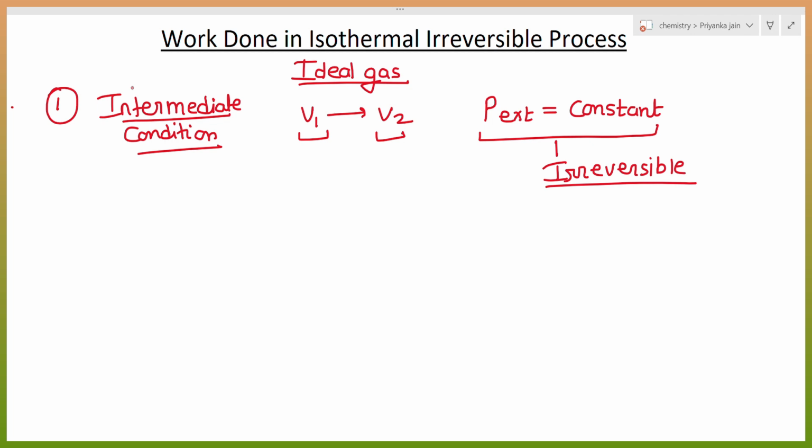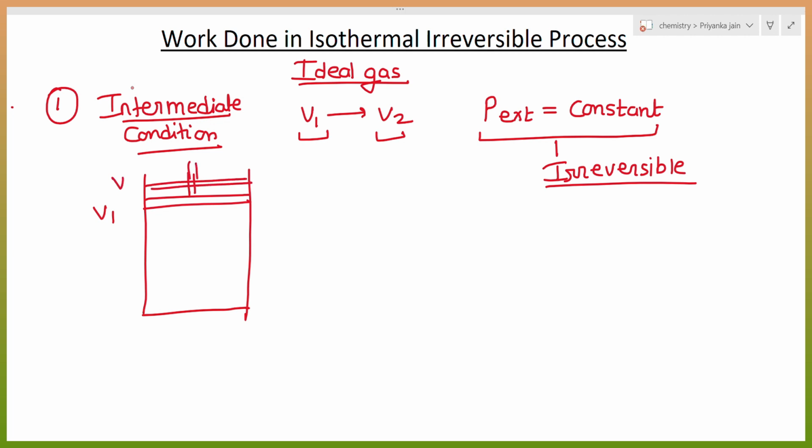See here, the magnitude of this external pressure will always be less than the pressure of the gas. Suppose this is our system, going from a state at volume V1 to a state at volume V2. It means it is doing expansion. Here we are putting the external pressure.